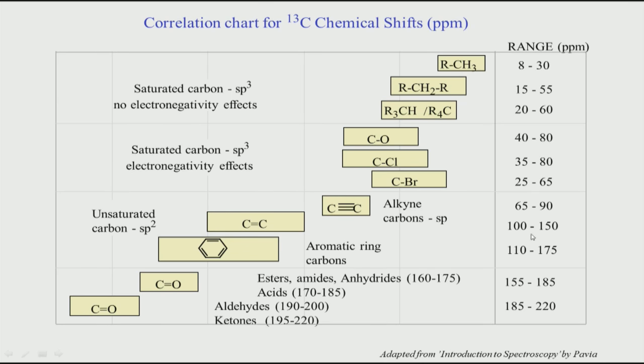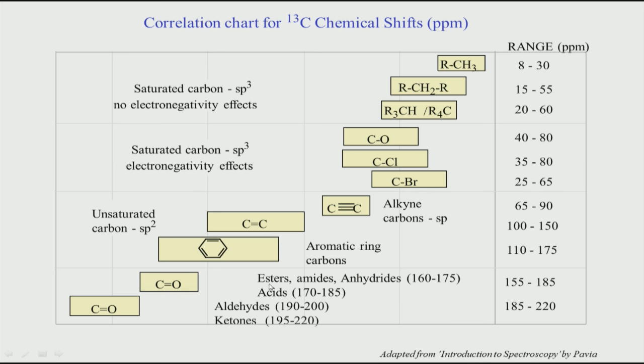So, if you get peaks in this portion of the carbon spectrum, you can be confident that there is an aromatic ring present in the molecule. We will use these ranges as we analyze some more carbon NMR spectra.